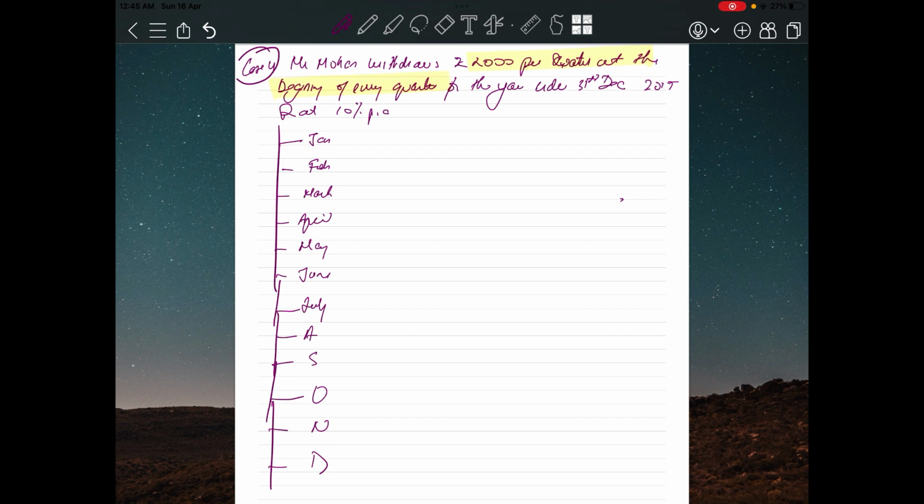When will the first quarter start? On 1st Jan, so he is withdrawing on 1st Jan. This will be the first quarter, the second quarter, the third quarter, the 4th quarter. So where is he withdrawing? He is withdrawing at this point, 2000 rupees at the beginning of the quarter, again 2000 at the beginning of the quarter, again at the beginning of the quarter, again at the beginning of the quarter.